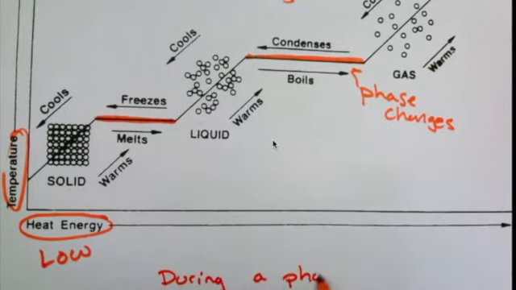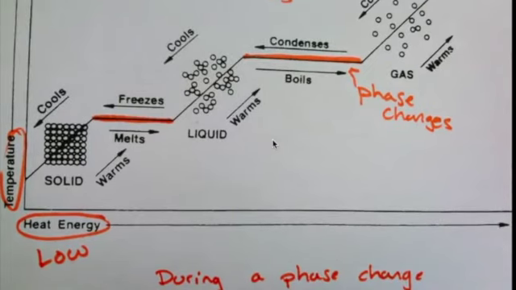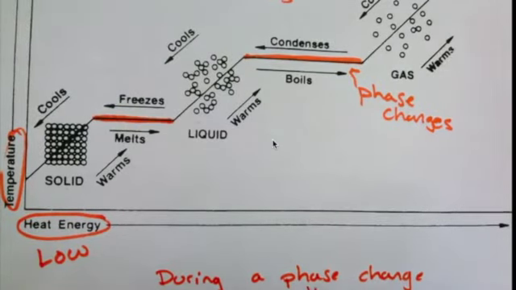during a phase change, so during this time period, temperature stays the same. What doesn't stay the same is heat energy. So heat energy is either added or released, depending on which way you're looking at.